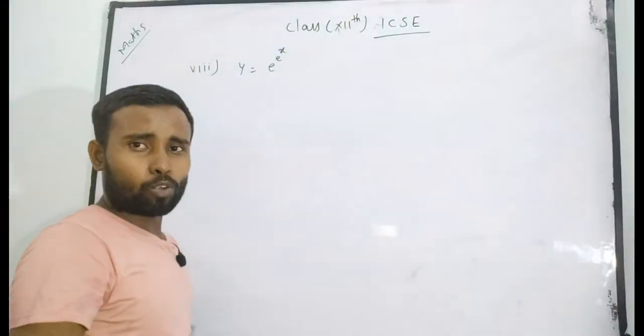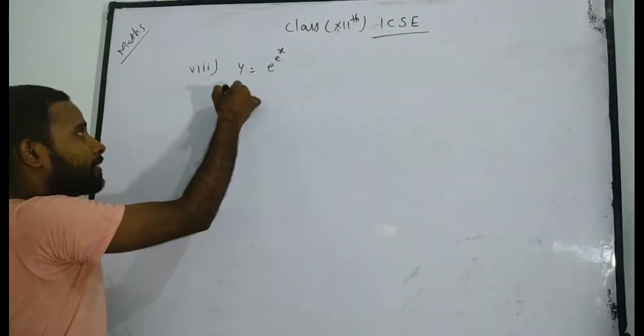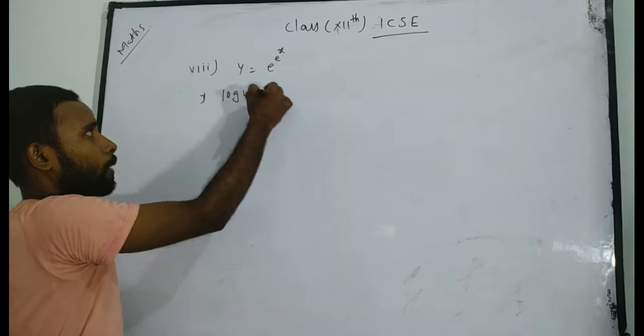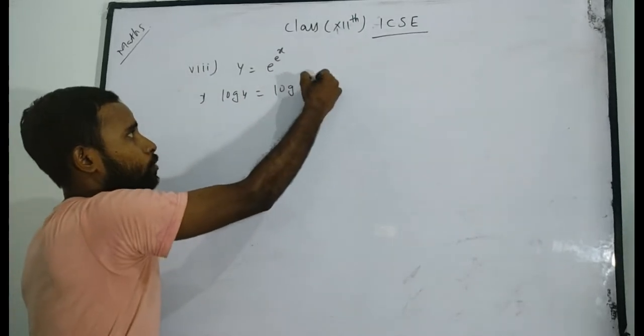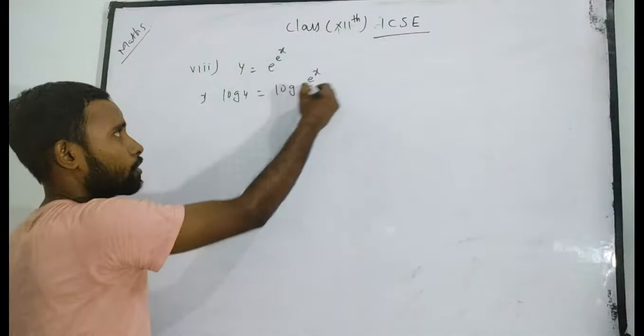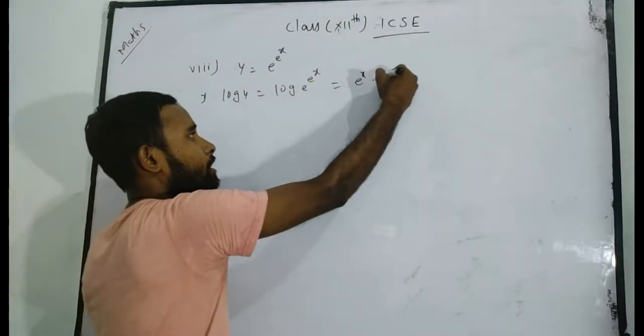I think you can also solve it because it looks very easy. Firstly, take log on both sides. You will get log y is equal to log e to the power x. In that case, it will be e to the power x into log e.